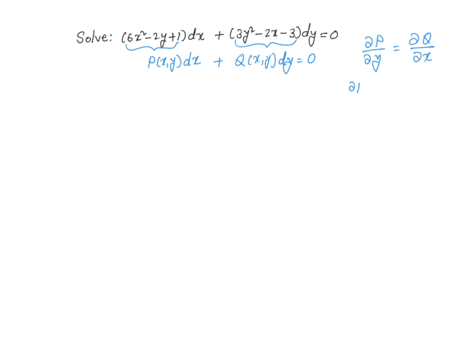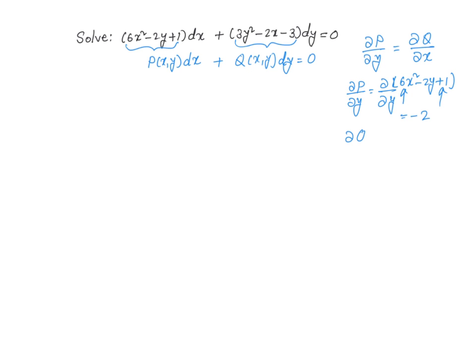Del P over del y is del over del y of 6x squared minus 2y plus 1. If I take the derivative with respect to y, I get just negative 2, because the derivative of 6x squared is 0 with respect to y and the derivative of 1 is 0. So del P over del y is negative 2.